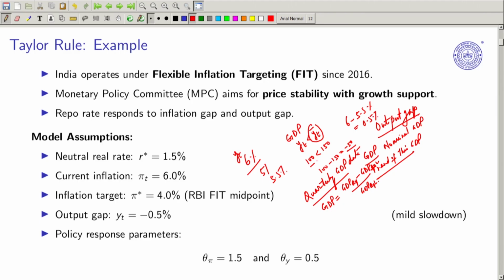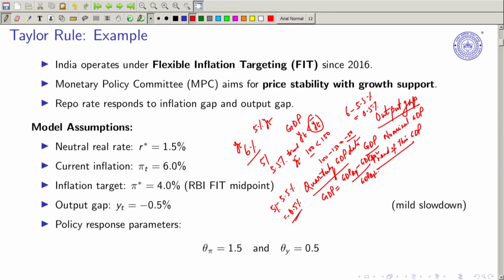But it can also be negative, if you got nominal GDP growth of 5% and your trend is 5.5%, which is YT bar, and this is YT. So 5 minus 5.5% is nothing but minus 0.5%, right. So this is what we get. And the response parameters are theta pi equal to 1.5 and theta y equal to 0.5, right. So this is what we get.